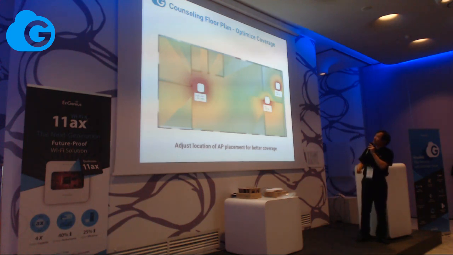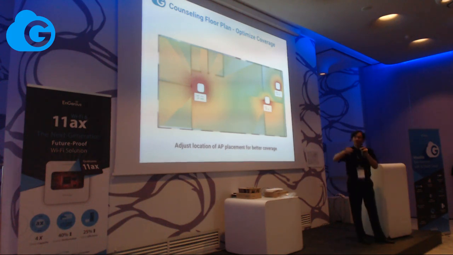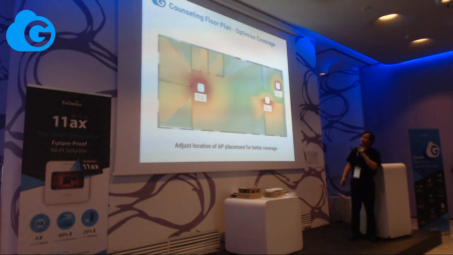Furthermore, if someday I already implement lots of IP phones, I need the whole coverage to be able to transfer VoIP traffic. In that case, maybe I need every spot to have an RSSI of at least minus 65, so you can do voice over IP. So how many APs should I have?